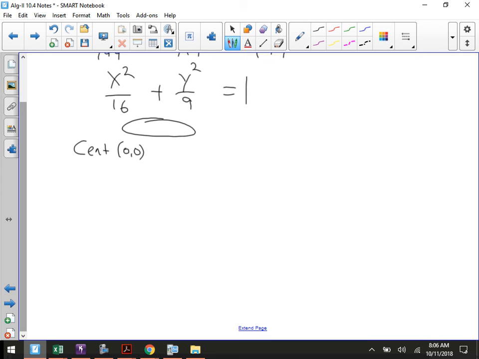Okay. I know that my a squared value is how much? 16. I know my b squared value is 9, and then I know that c squared will equal 16 minus 9. So if a squared is 16, that means a is how much? 4.